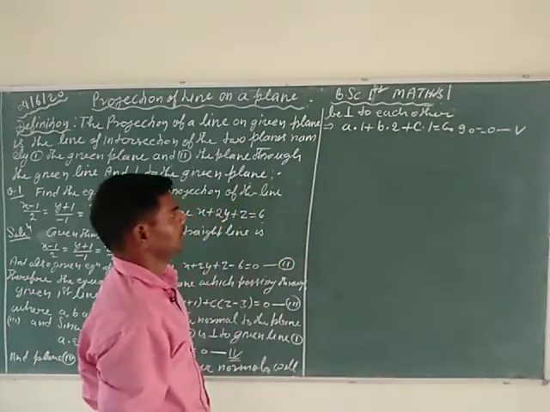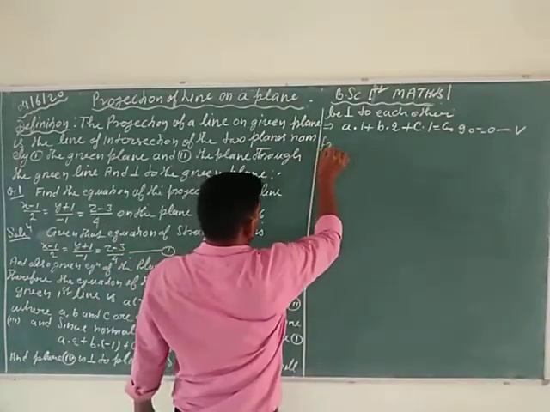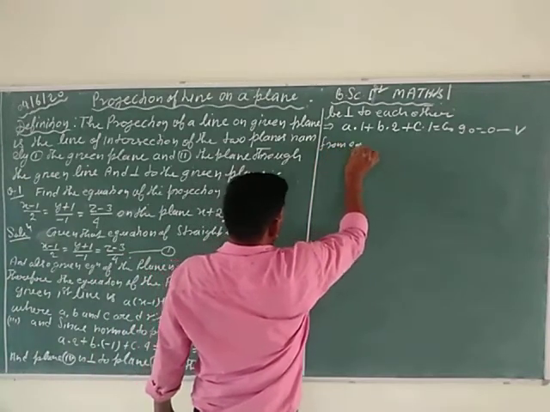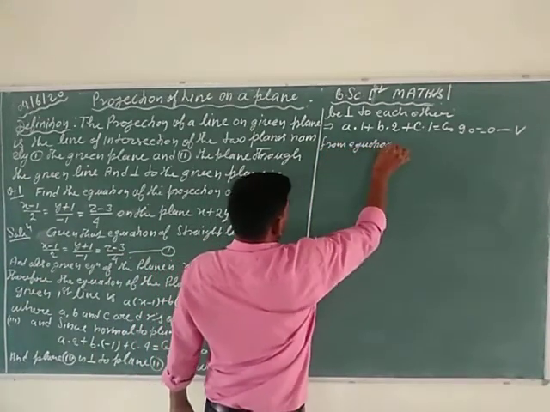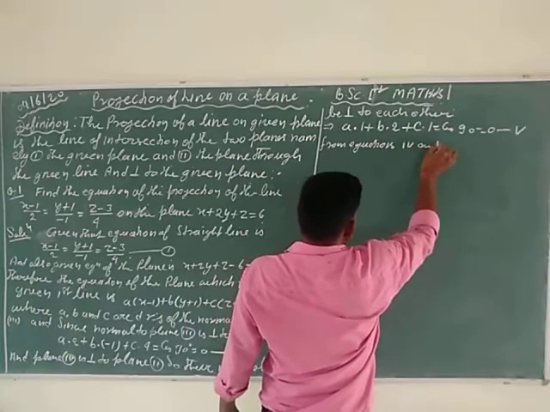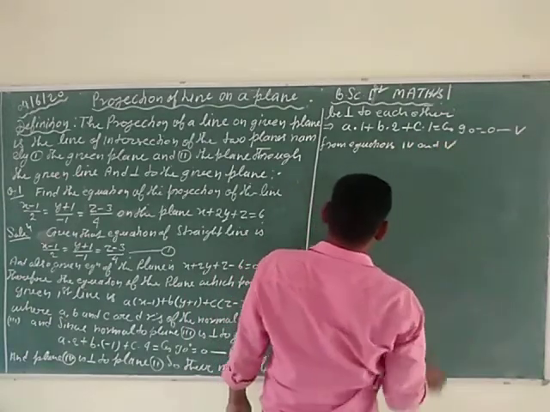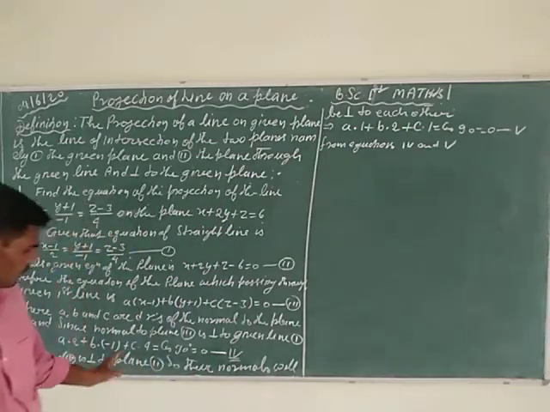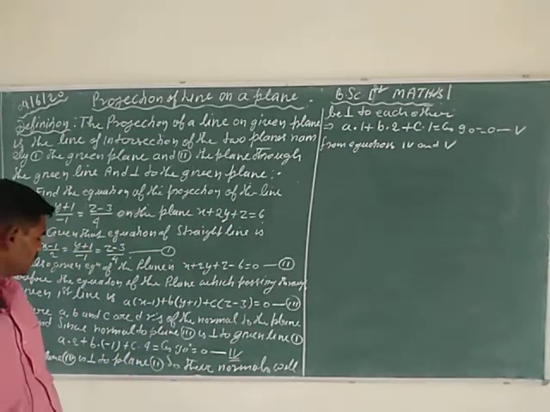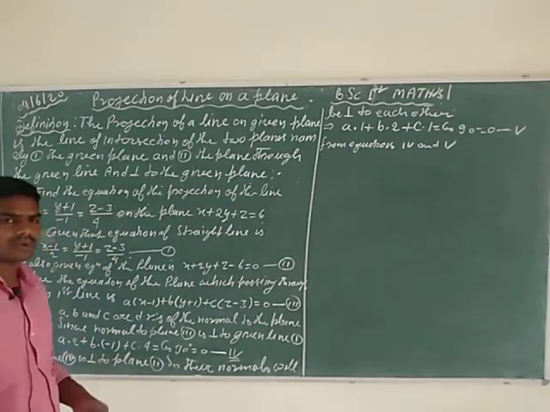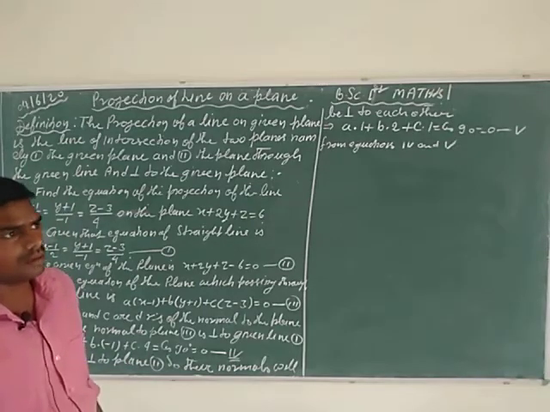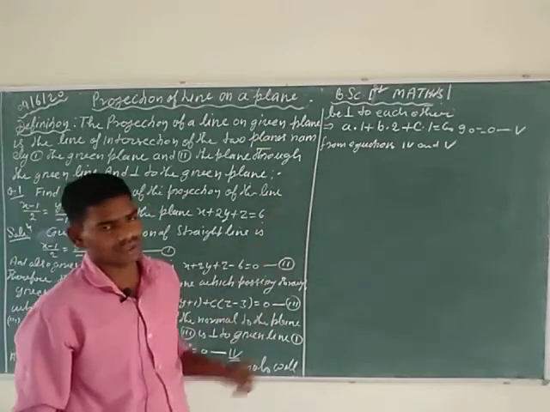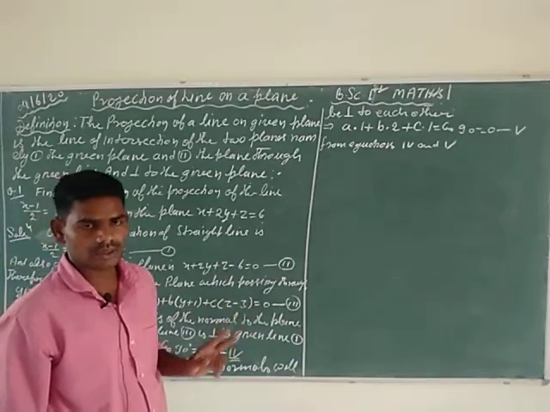So from equations 4th and 5th, there are two equations related to the unknowns small a, b, c. The number of unknowns is 3, but the number of equations is only 2.